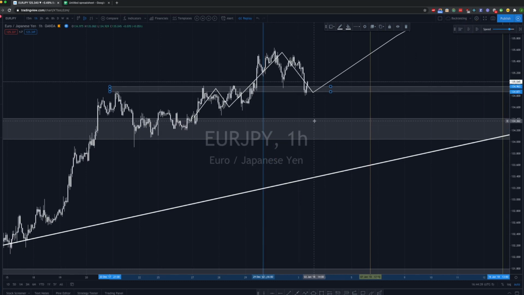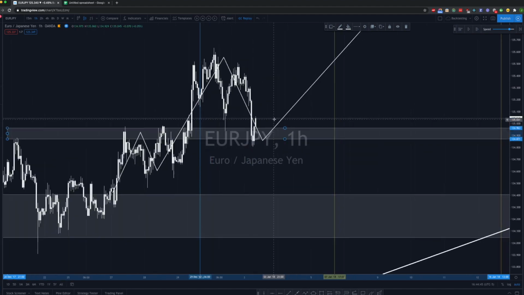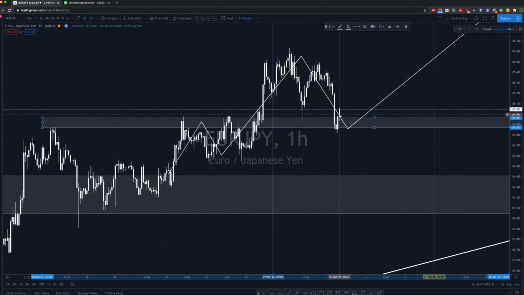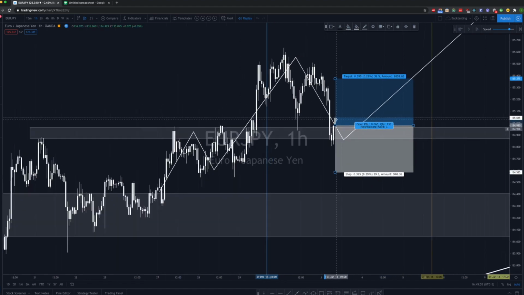Okay, so we had price push into the level, right? So it pushed deep into the level. We had that bullish engulfing candle, right, on the 1-hour time frame. So I would have taken an entry here. It kind of skipped forward a little bit too much, but I would have taken an entry on that bullish engulfing candle there, because we already rejected my area and we got that nice candlestick pattern right there.